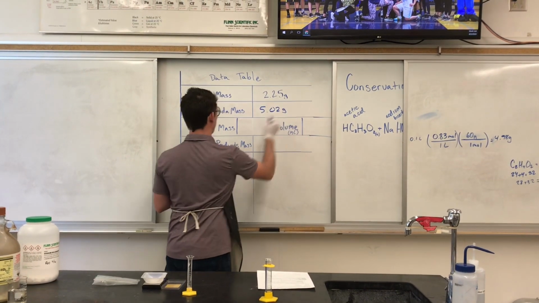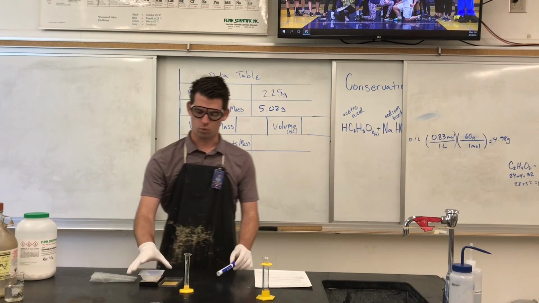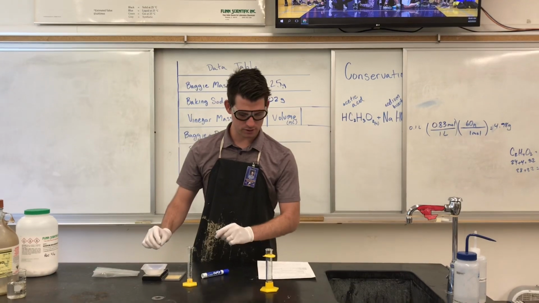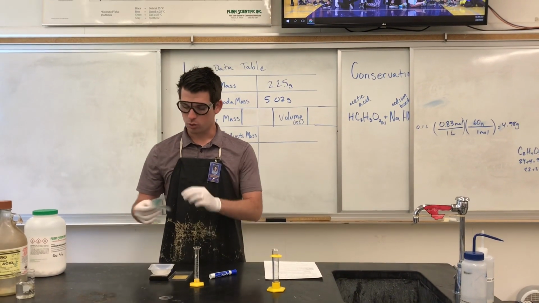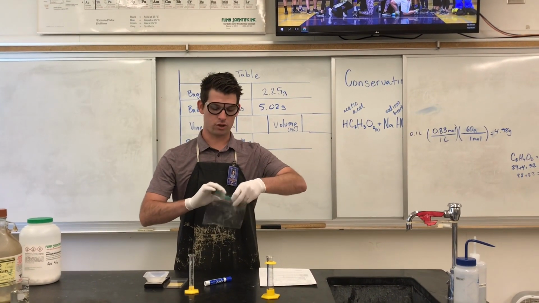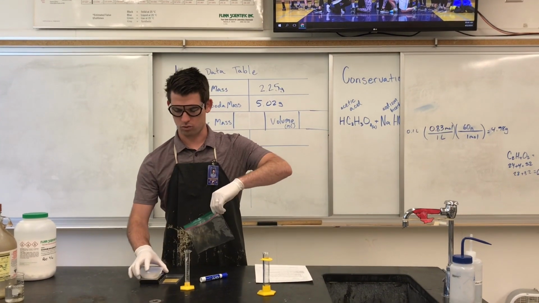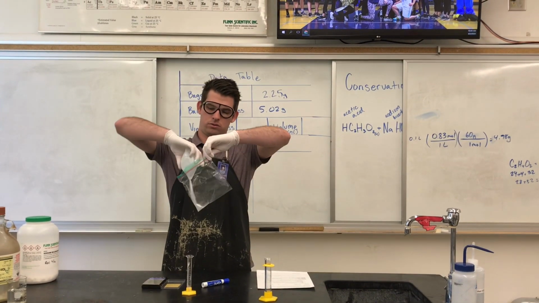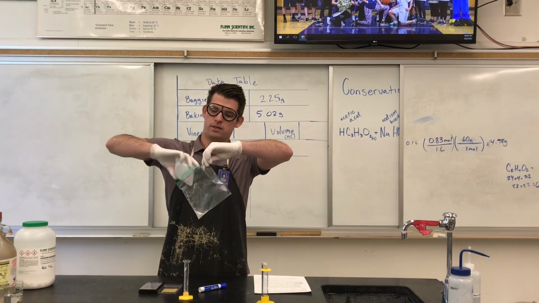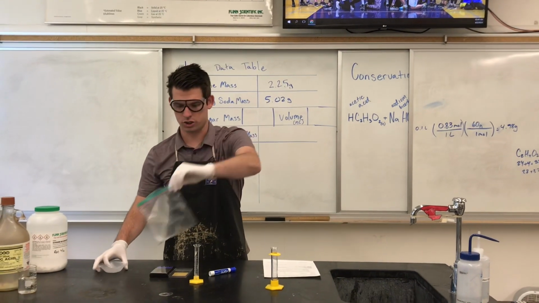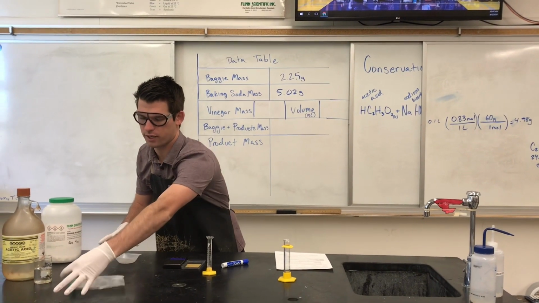Perfect. What we're going to do is take this baking soda and place it into our baggie, okay? And you want it all to be in one little corner. So place all that in the corner of the baggie, just like that. And we'll leave that to the side for now.